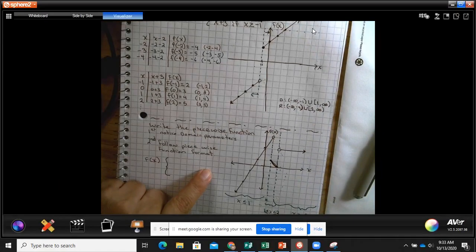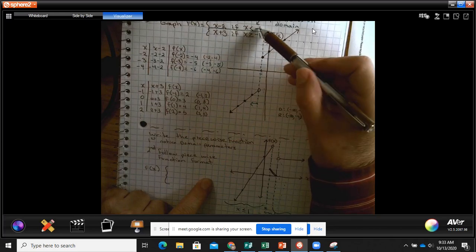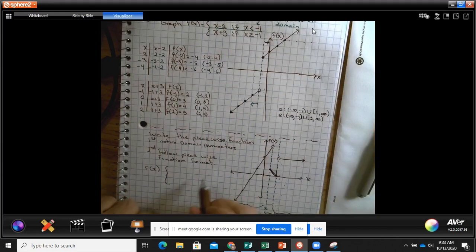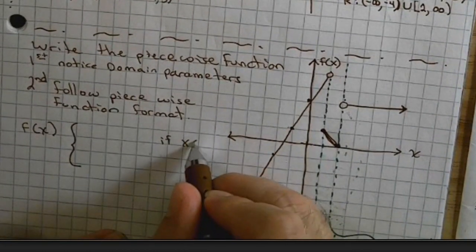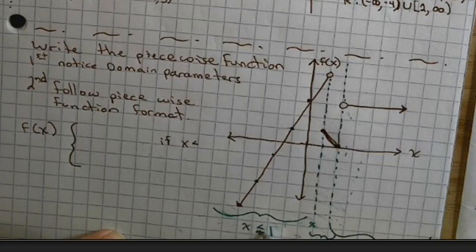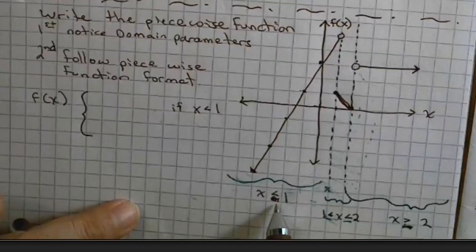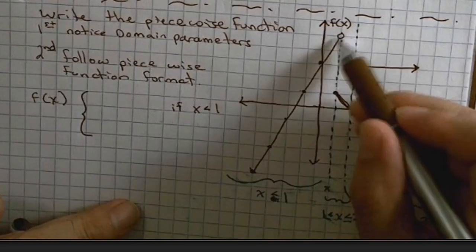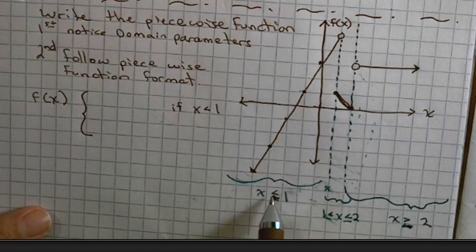And here I'm going to say if, and then the inequality. So we're going to have one equation if x is less than, oh, this is not or equal. Correction on this right here. This is not or equal because I have an open dot. I apologize for that. So x is less than 1.